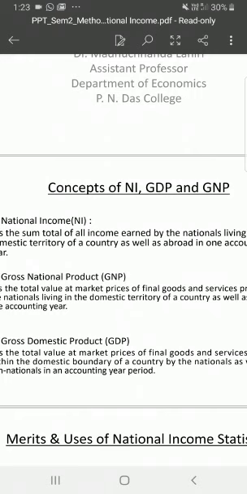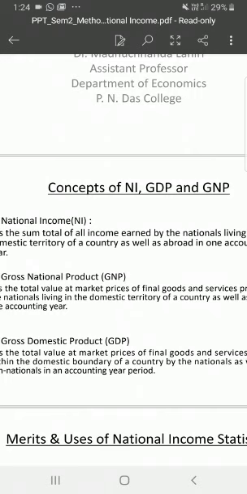As we all know, the machineries which are repeatedly used in the production process face wear and tear, and this leads to a reduction in the values of the machinery, of the capital goods. So they have to be taken into account to consider the net increase in output. So we reduce the depreciation from the gross concepts to get the corresponding net concepts.